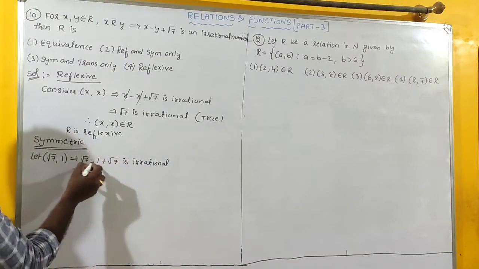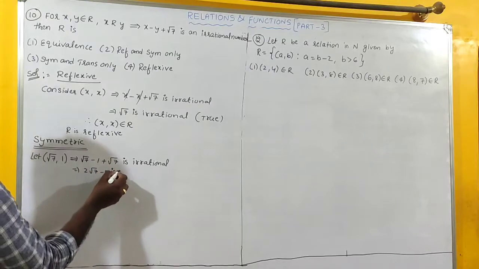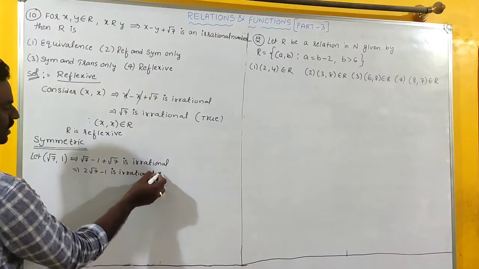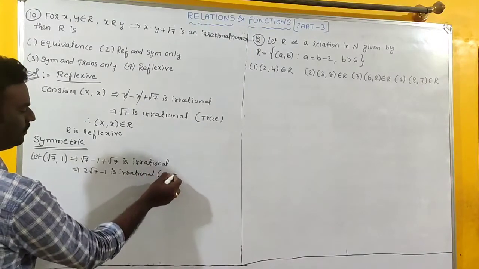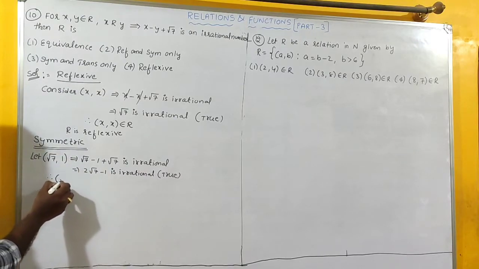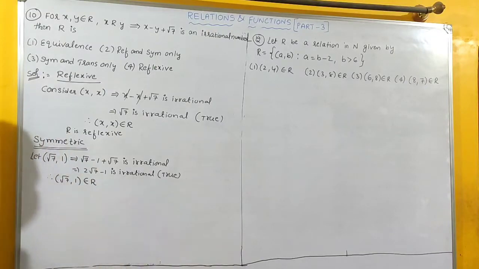That is root 7, 2 root 7 minus 1 is irrational. This statement is true. If the statement is true, therefore root 7 comma 1 belongs to R.